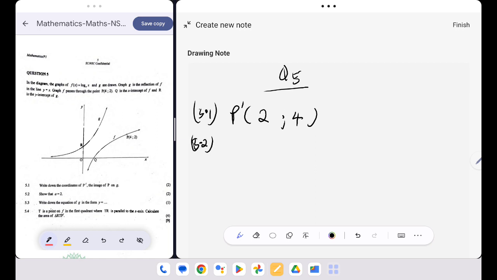5.2, show that a is 2. Okay, we're given an equation like this. They want us to find the value of a. A is the base of this logarithm.